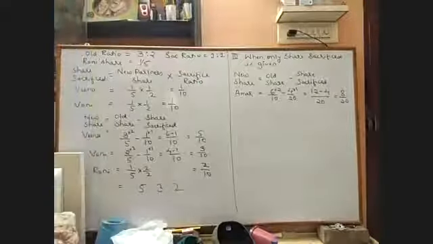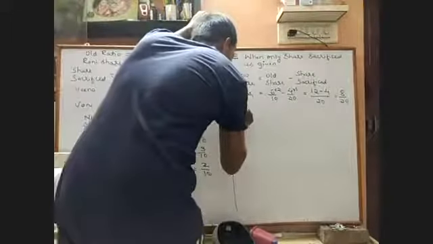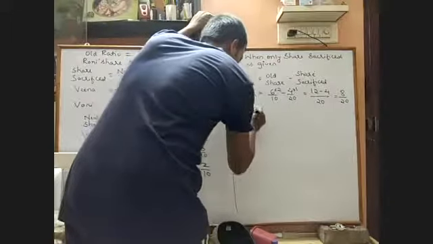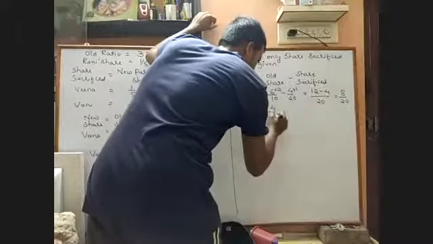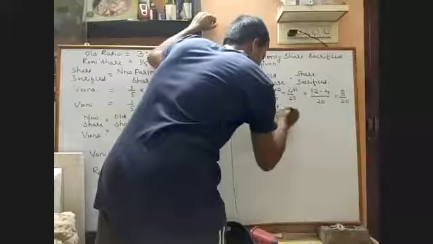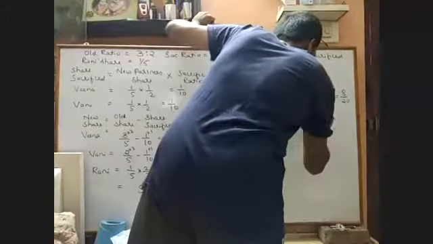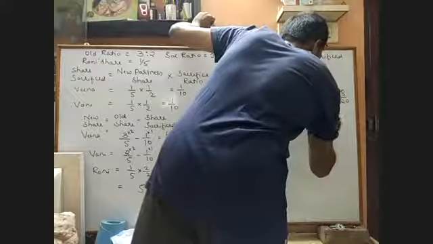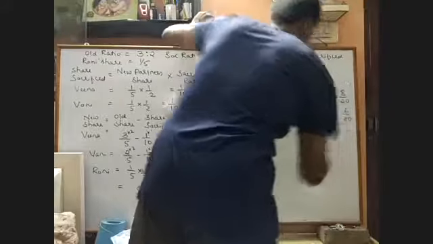Next, Akbar is equal to 4/10 minus 2/20. So again 10 twos are 20, 20 ones are 20. So this leads to 8 minus 2 divided by 20, which is equal to 6/20.